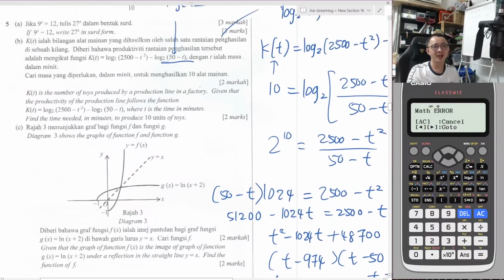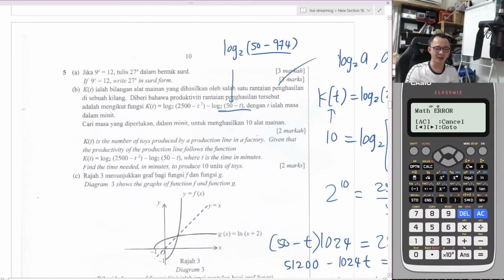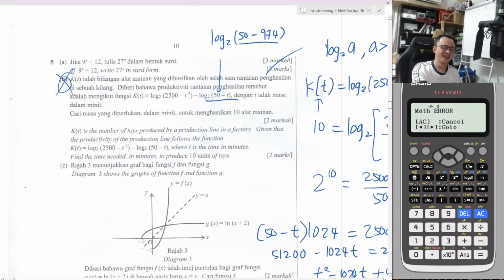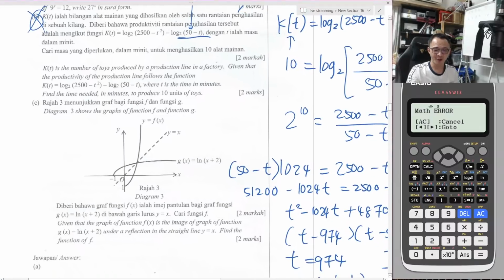If you sub into there, you also get a wrong answer. So I will just say for B, this question has some problem, but you can check with your teacher to see if they have a better explanation.